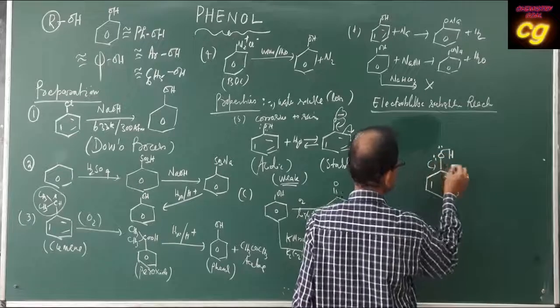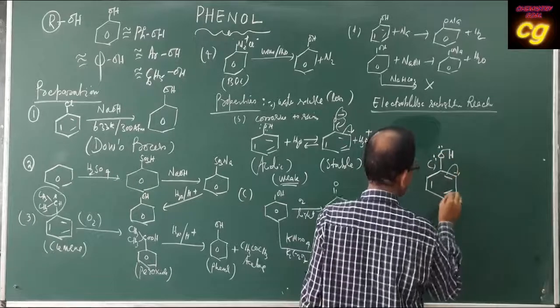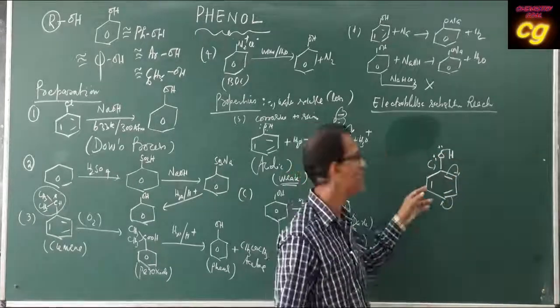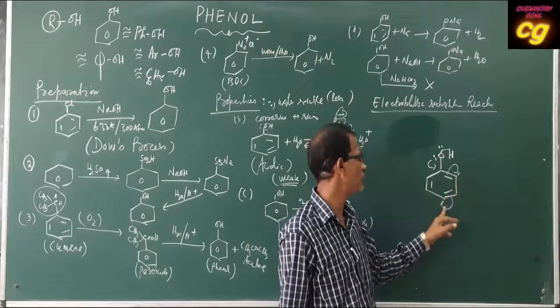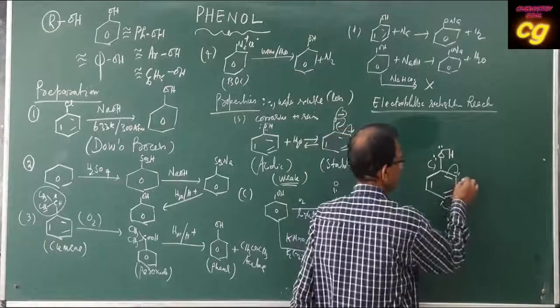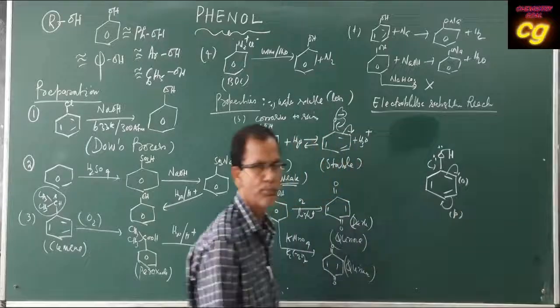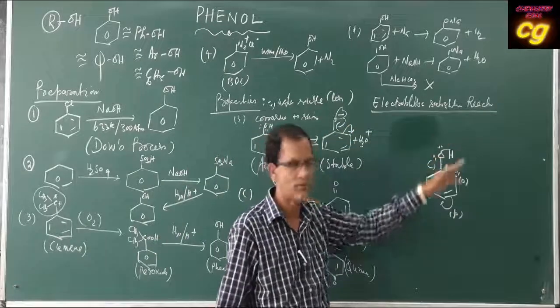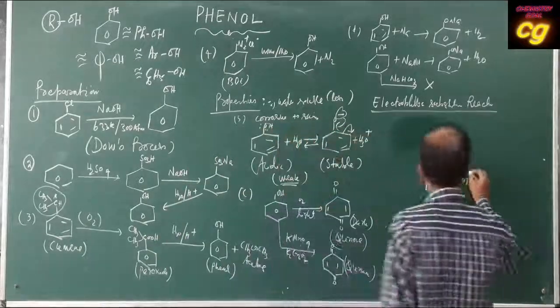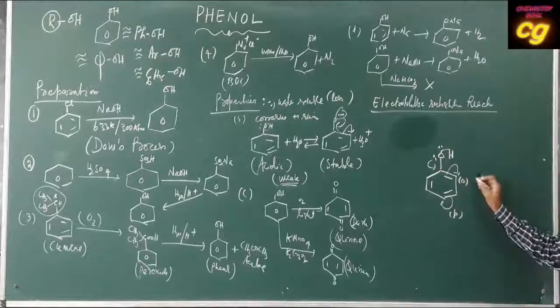Phenol has resonance. Due to resonance, electron density increases at the ortho position and para position. This is your ortho position, this is your para position. That's why for electrophilic substitution reaction, phenol gives ortho-para substituted product.